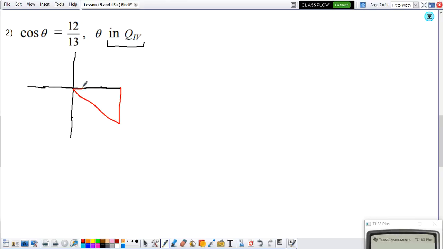So here's a right triangle, where the reference angle is the closest to the origin. So what do we know here? We know cosine, but if we remember our SOHCAHTOA, we know that cosine is equal to the adjacent over the hypotenuse.